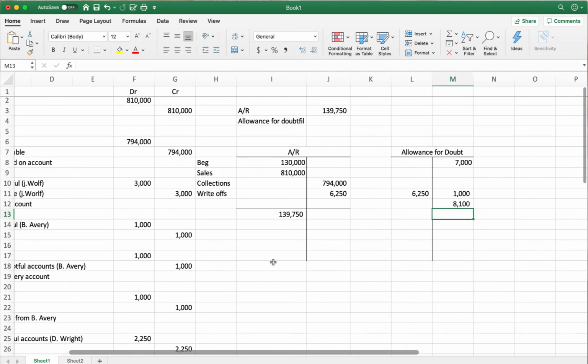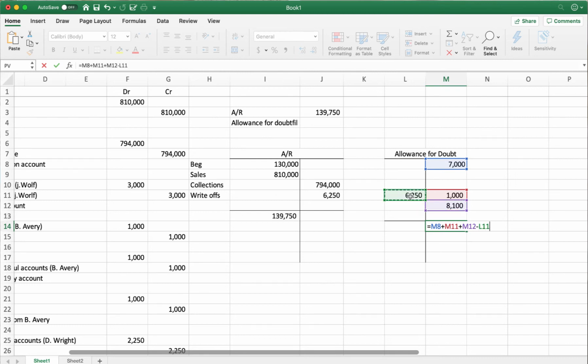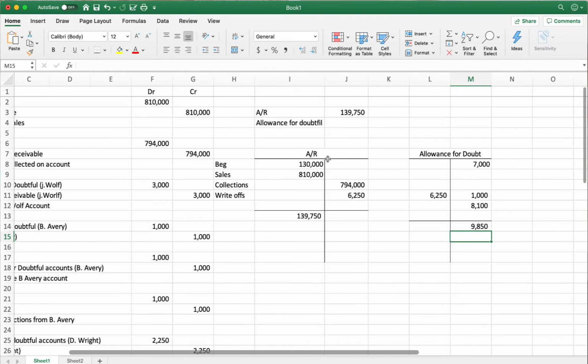Okay? So what's my balance for my allowance for doubtful accounts? Super easy, right? So I'm going to add my beginning balance, plus I need to add my recovery, plus I need to add the allowance for uncollectibles, minus my write-offs. I have $9,850.